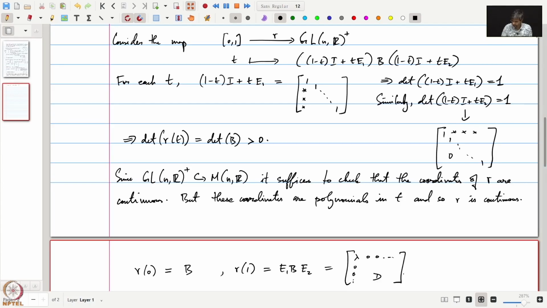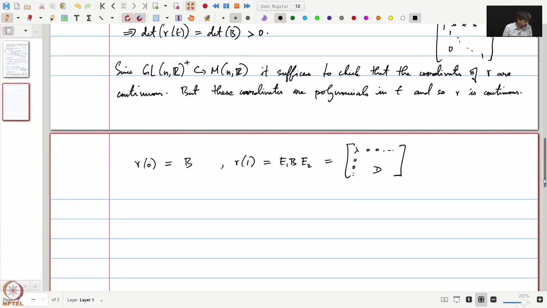So, this completes step 2. So, if B is a matrix such that B11 is not 0, then B can be connected to a matrix of this type.